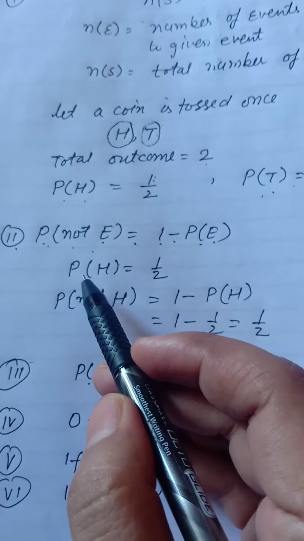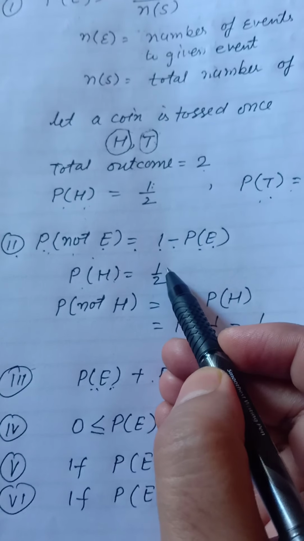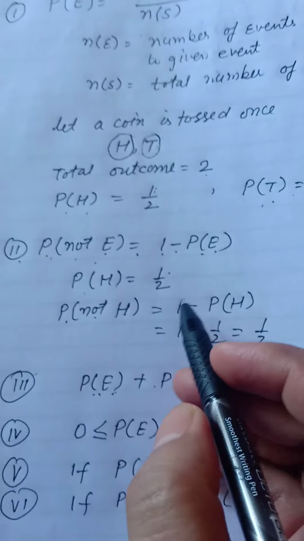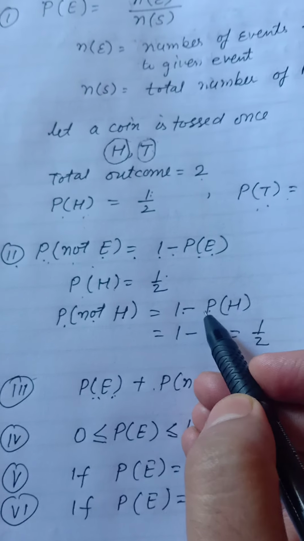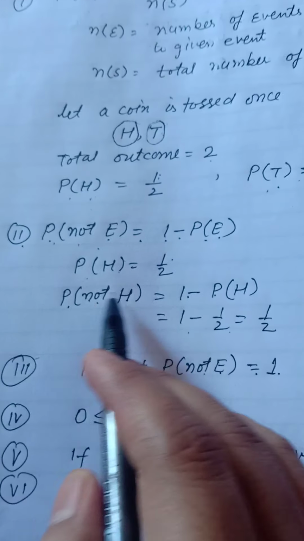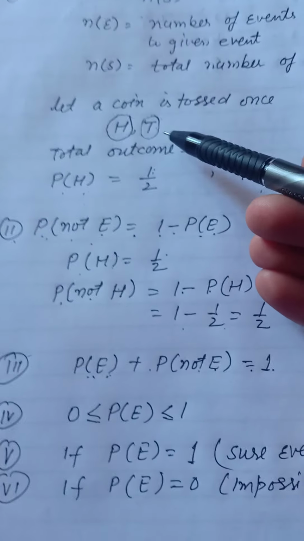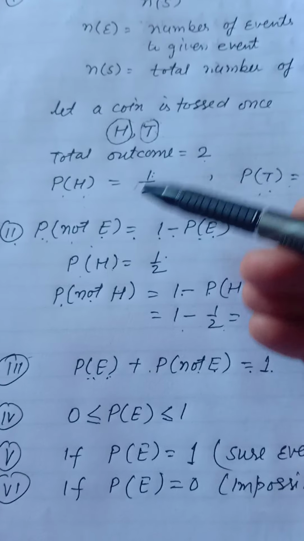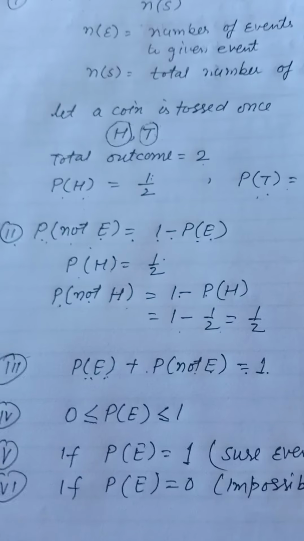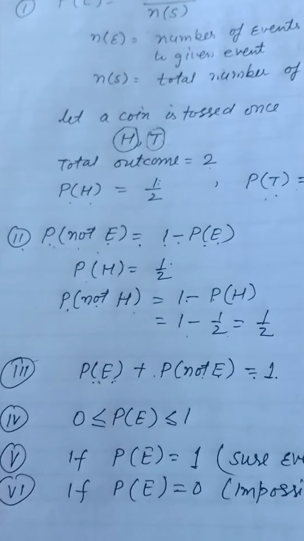So if the probability of head is 1 by 2 and we have to find the probability of not head, we can find it by subtracting the probability of head from 1. So we get 1 by 2. The probability of not head means, since there are only two events, the probability of tail.